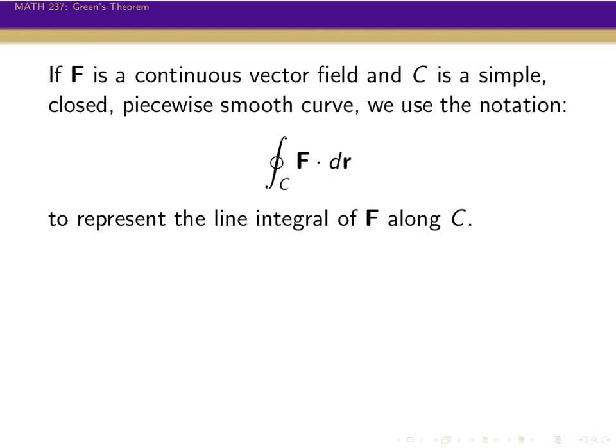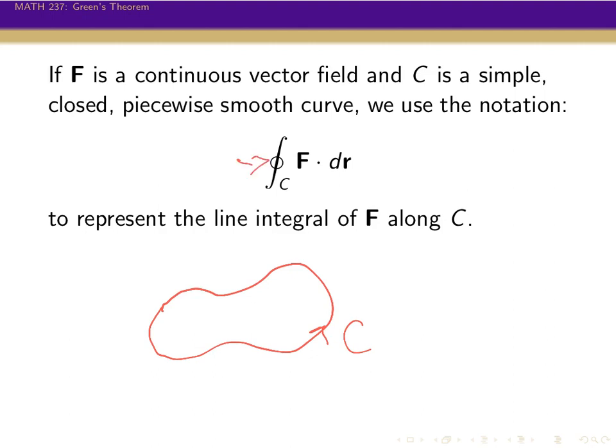So if F is a continuous vector field and C is a simple closed piecewise smooth curve in positive orientation, then to denote the line integral on C of F, we're going to put this little circle in the integral.